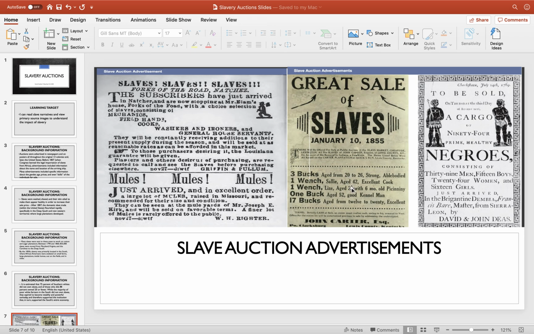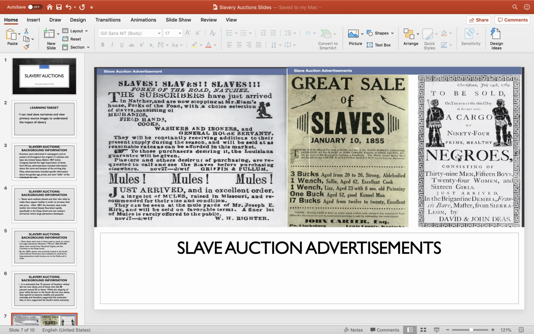Here, it says to be sold on Thursday, the third day of August, right? And here it's telling you that it's a cargo and they're transporting 94 of those slaves: 39 men, 15 boys, 34 women, 16 girls just arrived in the Brigantine Dembia, Francis Bear, from Sierra Leone.